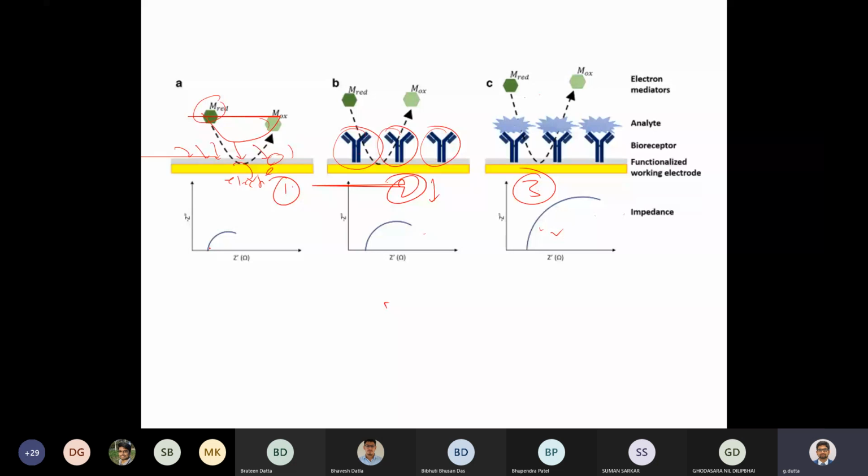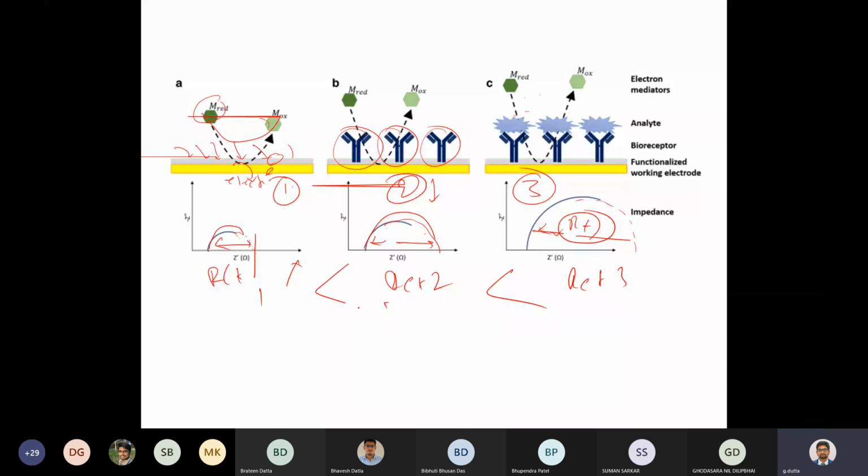Because of this, the total diameter of the semicircle increases. So RCT means this much semicircle. This is the RCT, and this is the RCT, increasing. If you again add some protein, the RCT increases again. So RCT1, RCT2, RCT3, it is higher.